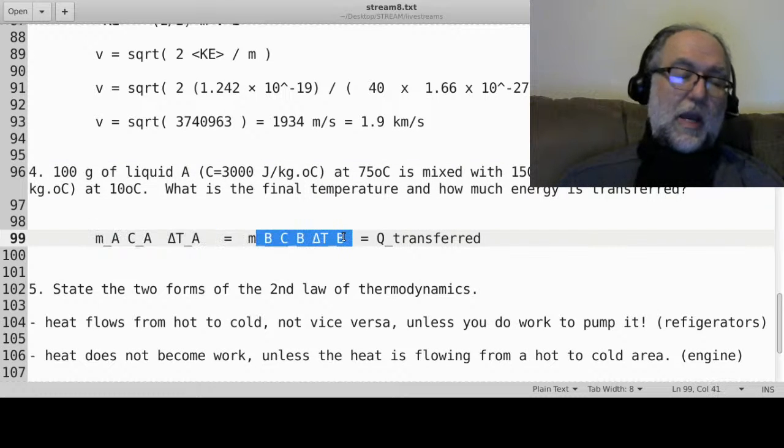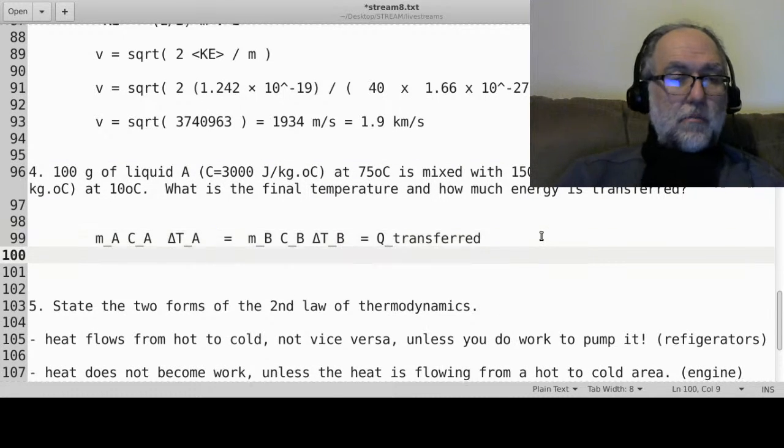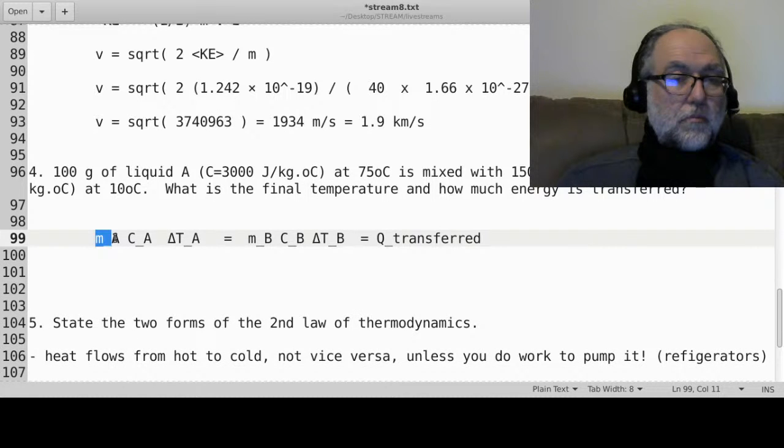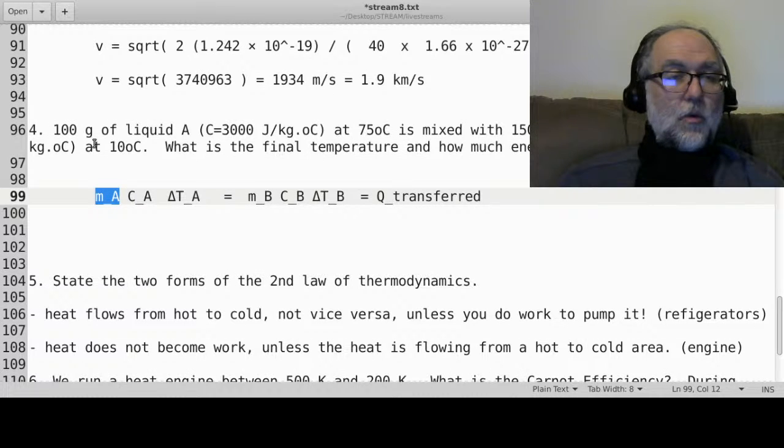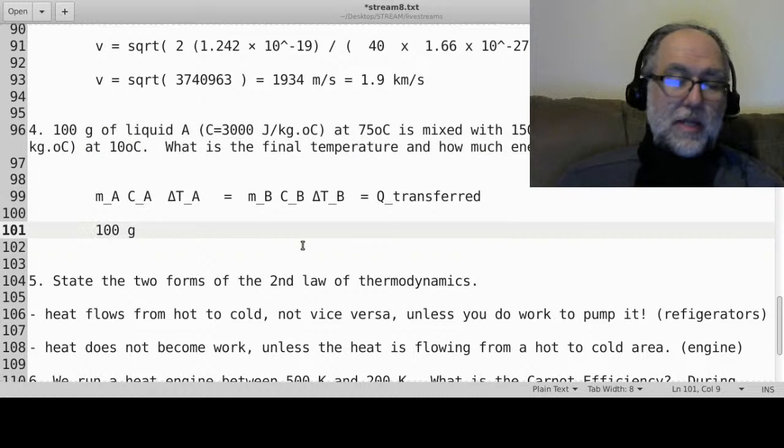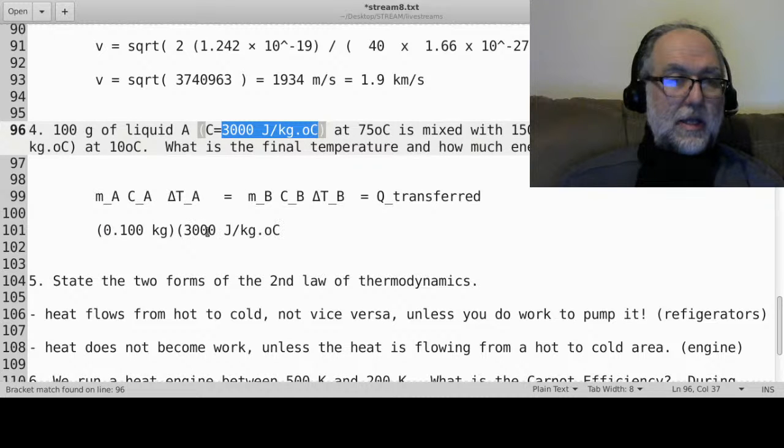Okay, so now we can start plugging in. For material A, we have 100 grams. I don't really have to convert it, but I'm going to convert it to kilograms, just so that the units look a little nicer. And material A has a specific heat of 3,000.